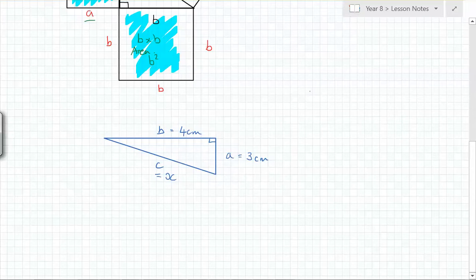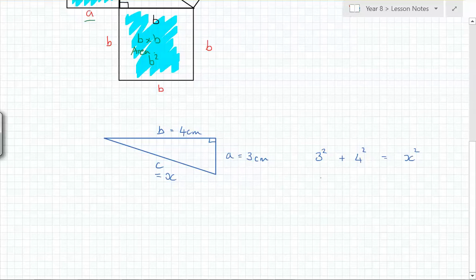So we can now write certain things. The length of the side is 3, but remember, Pythagoras wasn't about the length of the side, it was about the area of the square on this side. So if we square 3 and add it to the square of 4, we will get the square of x.